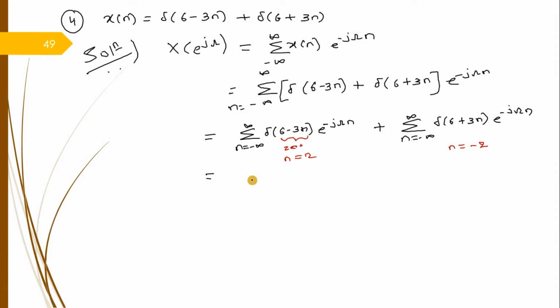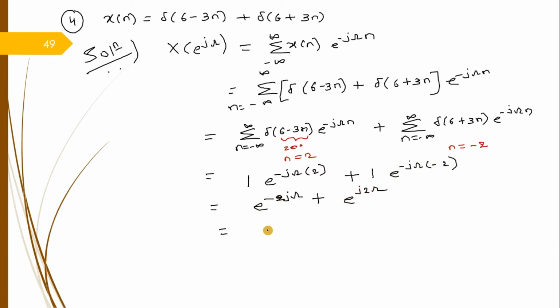So this will give me 1, and this becomes 1 times e raised to minus j omega, with n replaced by 2. Plus this becomes 1 times e raised to minus j omega times minus 2. So you get e raised to minus 2j omega plus e raised to plus 2j omega, since the minus signs cancel.